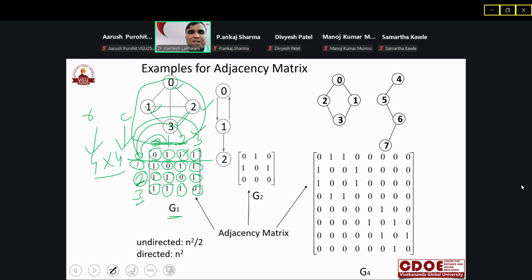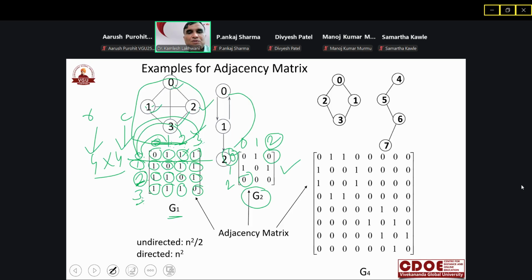Right? Similarly, for graph G2, this is an adjacency matrix. There is no direct edge between 0 to 2, so you can say 0, 1, 2. So 0 to 2, there is no edge, so 0 is mentioned. Similarly, 2 to 0, there is no edge, so it is 0. 0 to 1 and 1 to 0, there are direct edges.